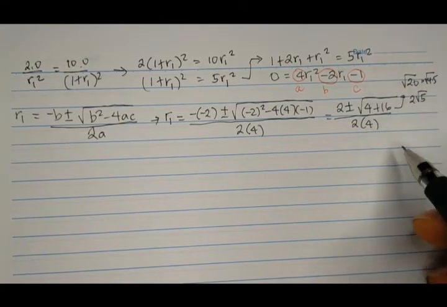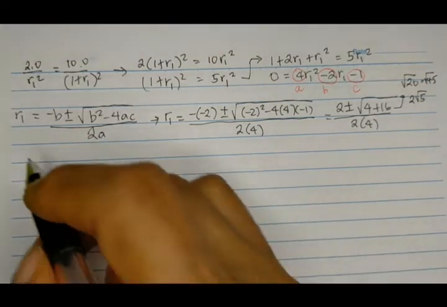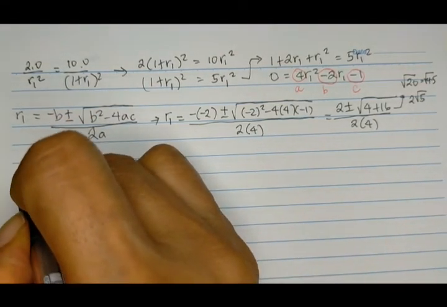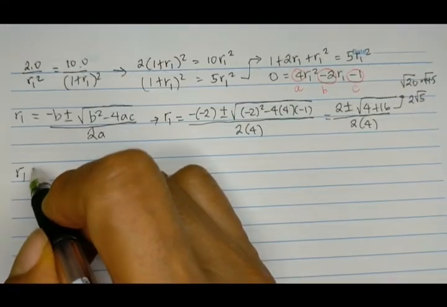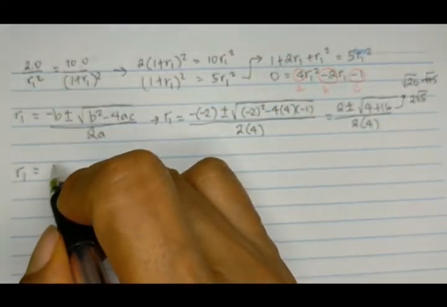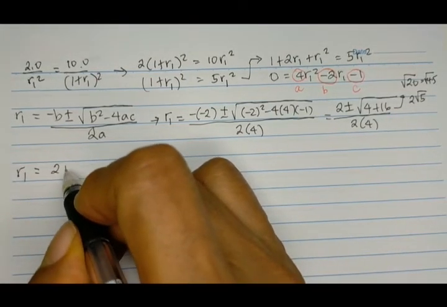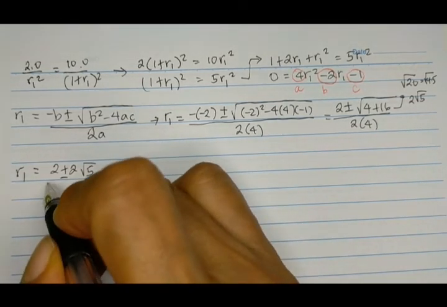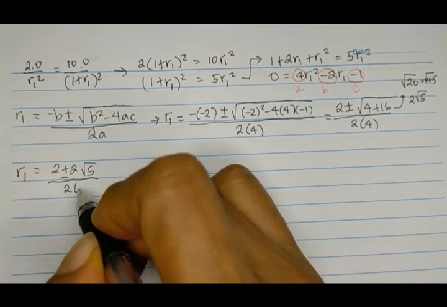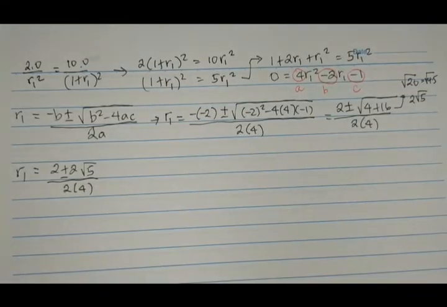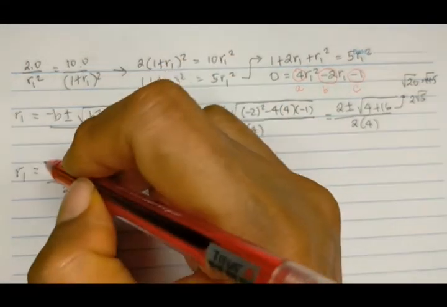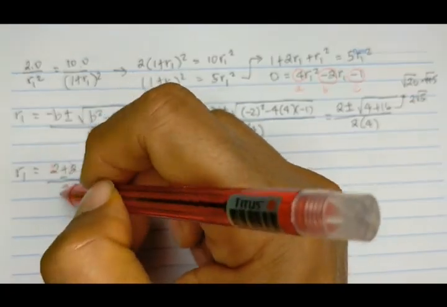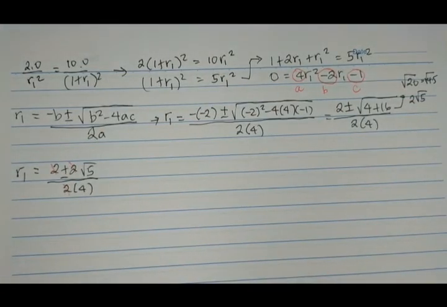So, okay, again, continuing, we have r sub 1 is now equal to 2 plus 2 square root of 5 divided by 2 times 4. Now factor this one out and cancel that together with 2.